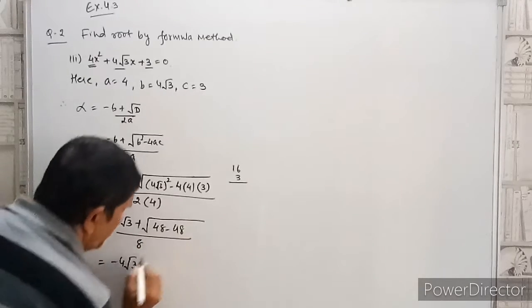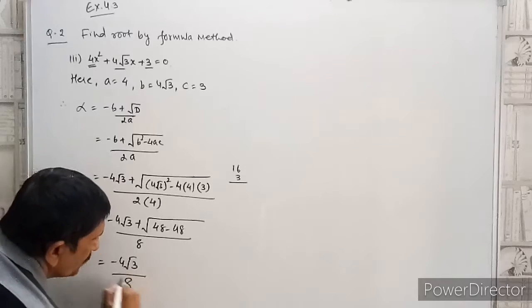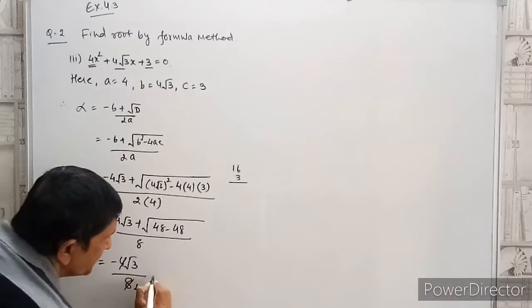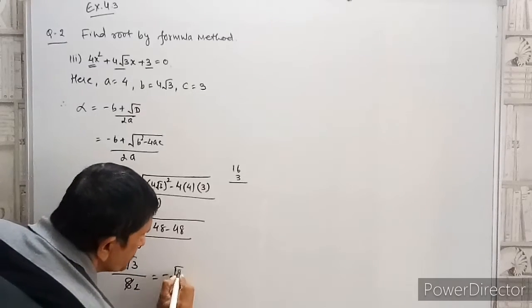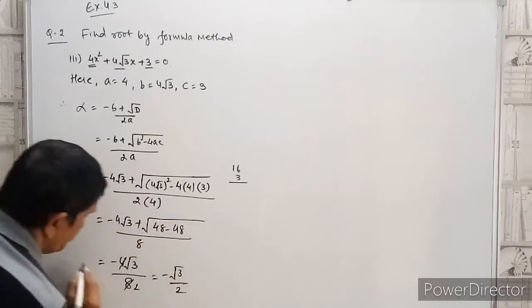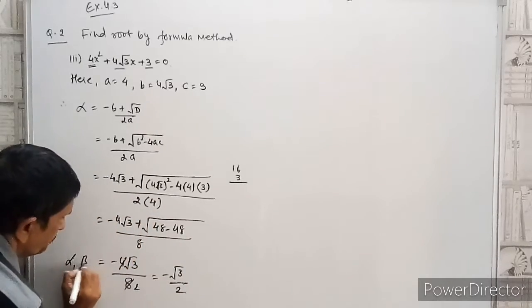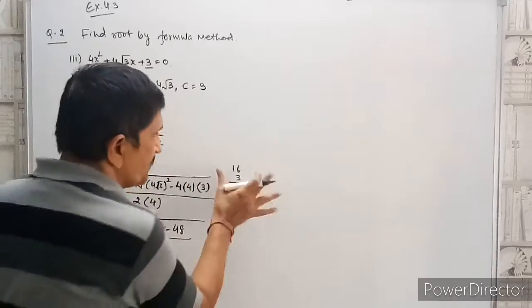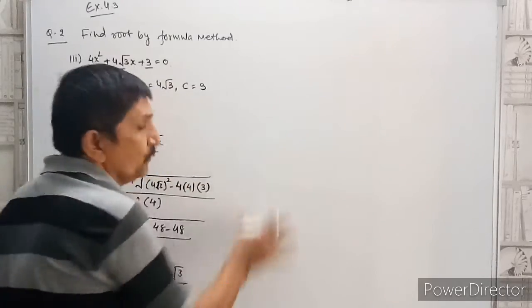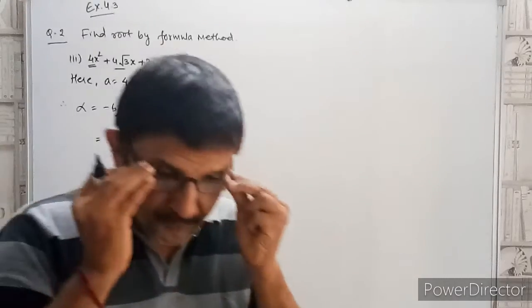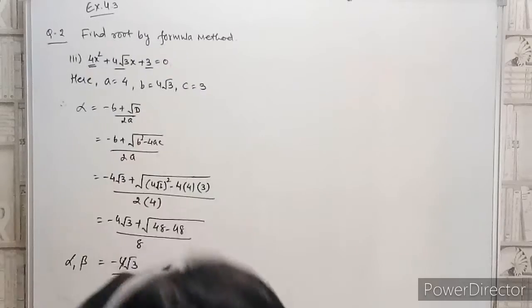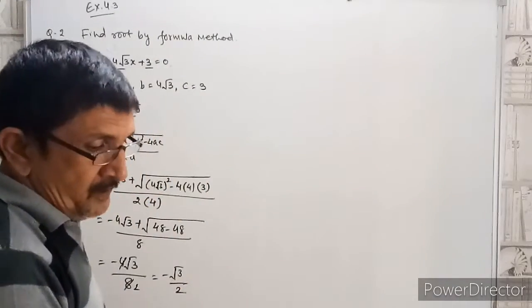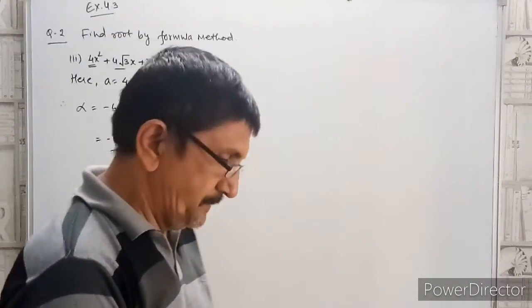This is 0. Okay, so upon 8. 4 2s are 8. So it is minus root 3 by 2. Alpha and beta both, because d is equal to 0. Okay, so this is where you can solve question number 2. All the sums.